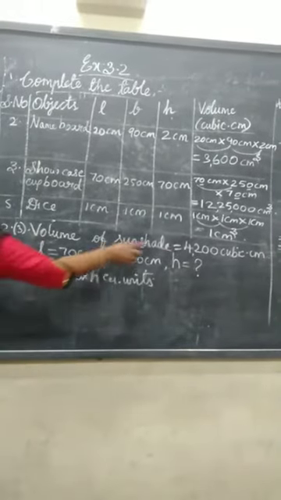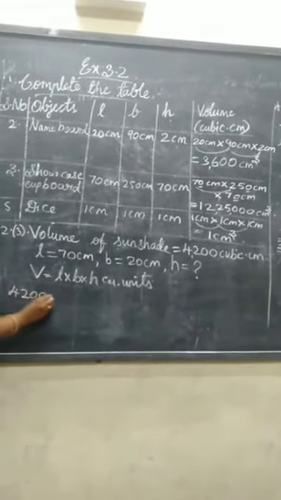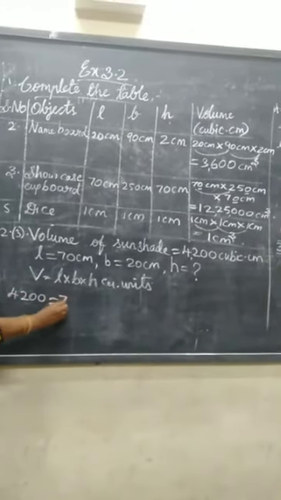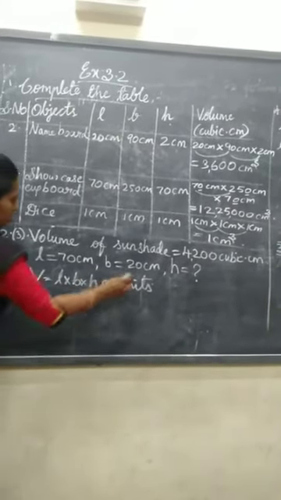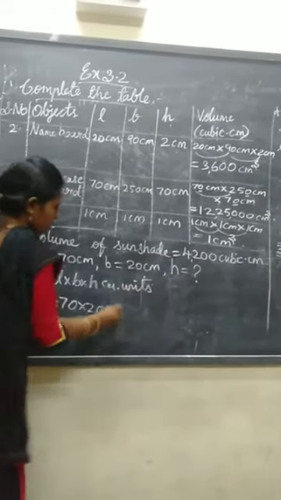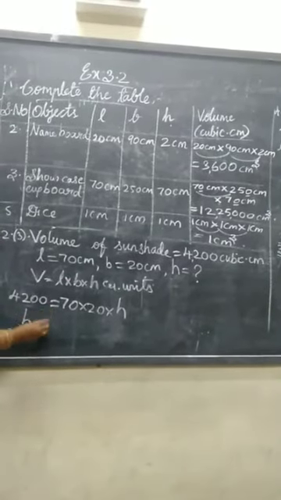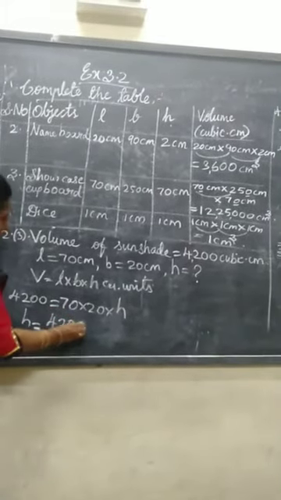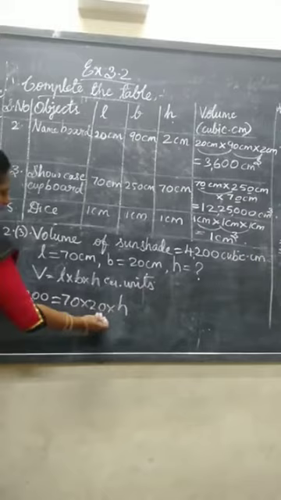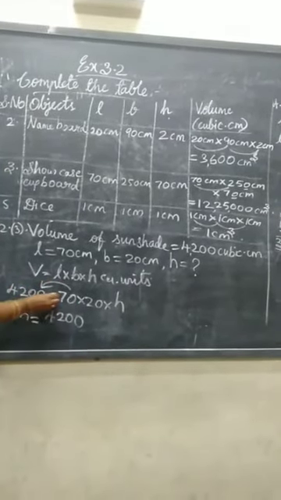Just substitute the values. Volume is equal to 4200. L is 70 centimeter. Breadth is 20 centimeter. And H value you don't know. So keep the H as it is. So H is equal to 4200. See, this is at the right hand side, so bring these terms to the opposite side of the equal to.